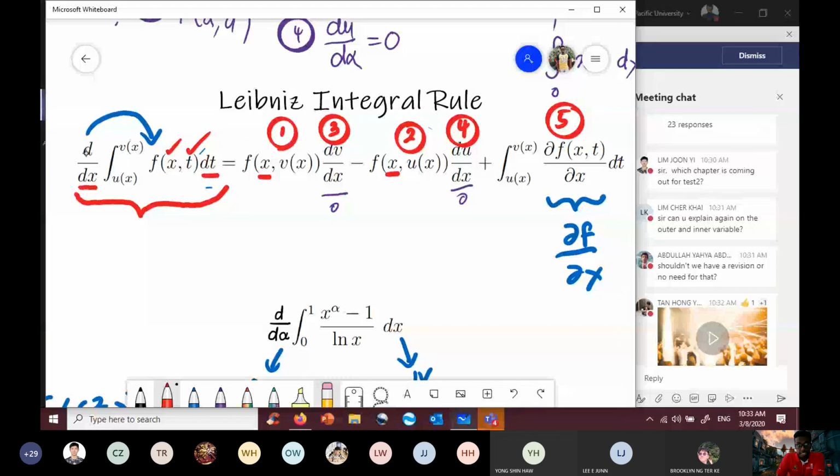Can you see the integral and then there's a variable outside here? That is the outer variable. So the outer variable stays as the outer variable. But the inner variable, inside the integral, is t. So your t is what changes into v and u later on. That is the concept of outer variable and inner variable. Not too much to think about, just to make sure that you understand which is the part that you have to substitute your v and u into.